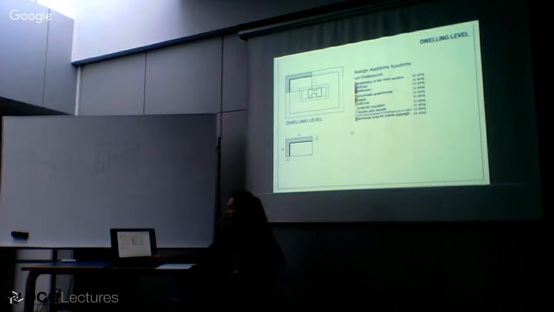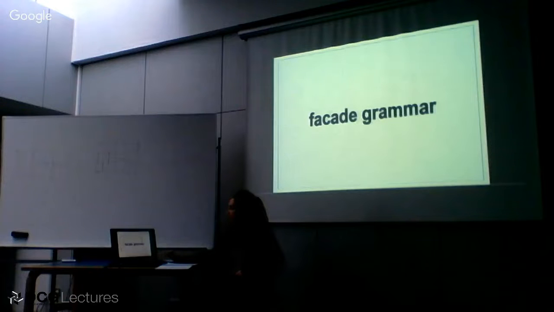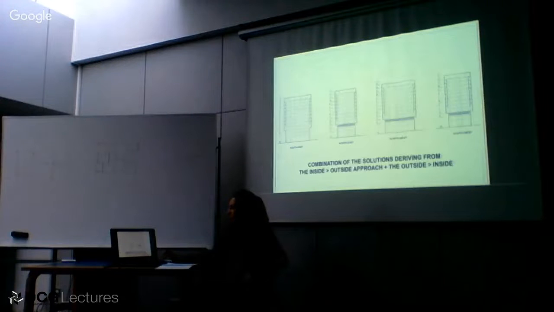And finally, it can also be an external addition to provide technical space to the building, for example a double skin facade, the addition of the external insulation, or technical area for the passage of implantation ducts and that stuff. Developing these two approaches, the idea is getting to the facade grammar that should derive from the combination of the two approaches in order to give you a quick feedback on the way in which the transformation that you propose on the floor plan will affect the general transformation of the building.